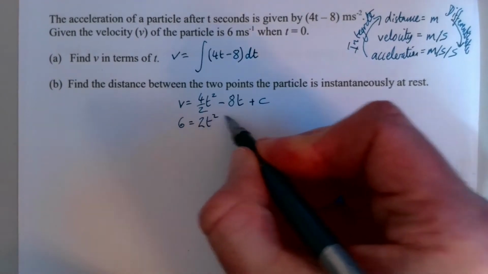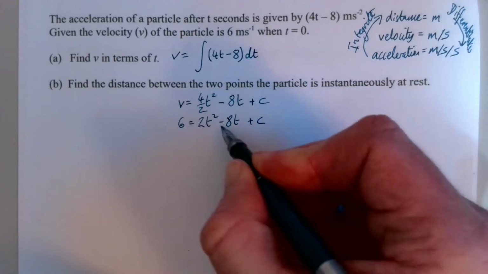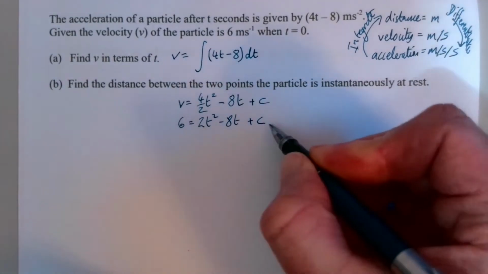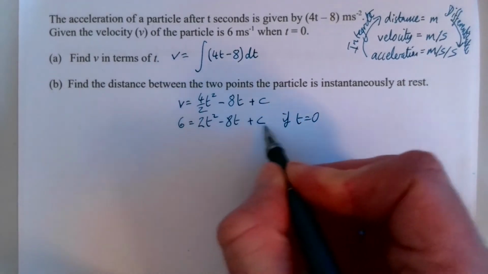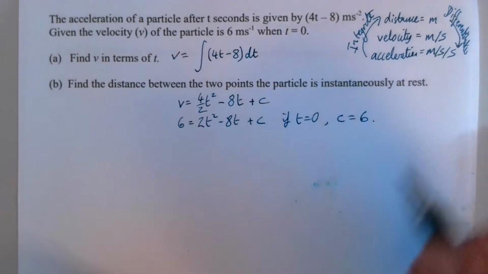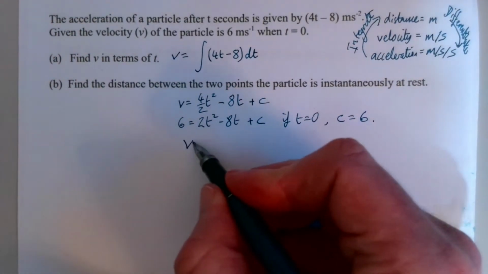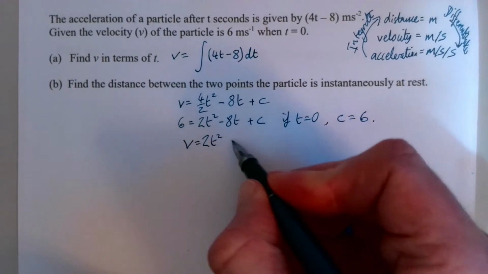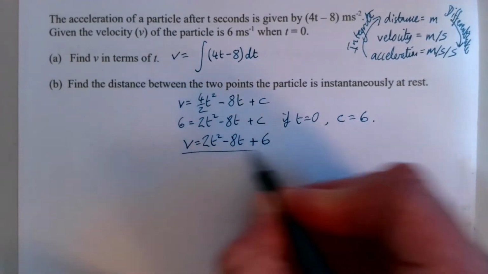That'll be 2t squared minus 8t plus c. If t is equal to 0, then that will become 0, doesn't it? C must equal 6, and therefore we can say that v equals 2t squared take 8t plus 6.